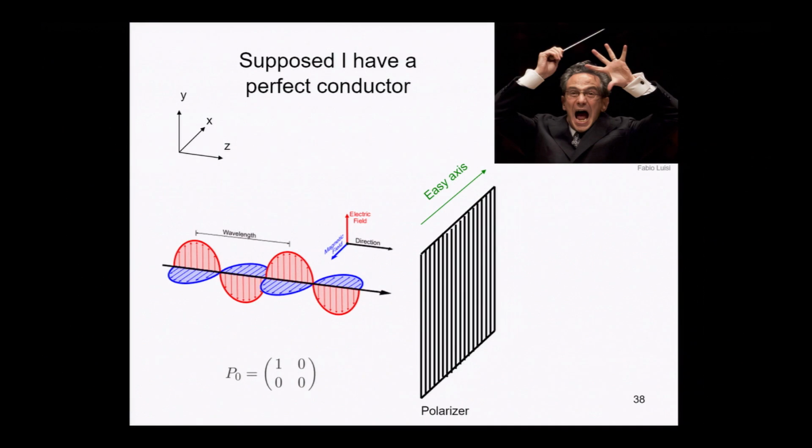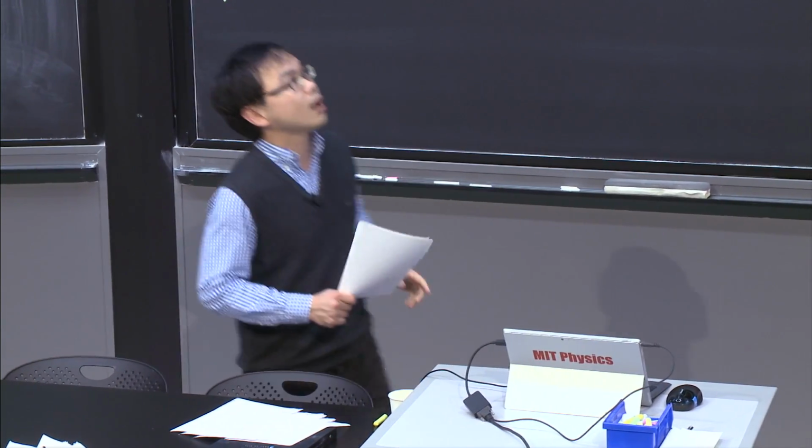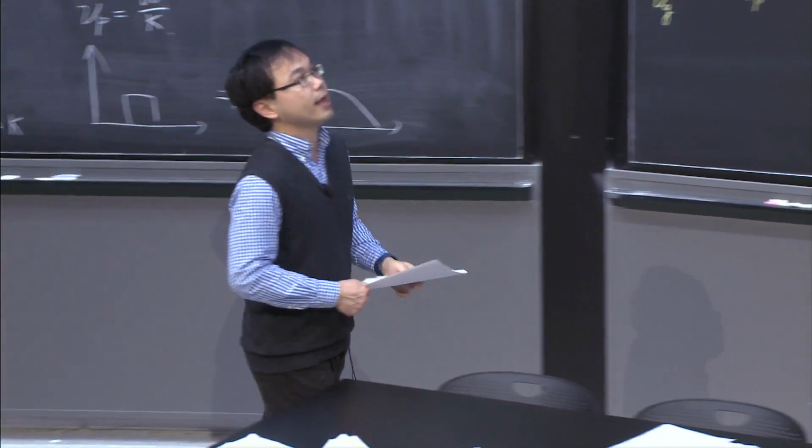Then we learned about how to do filtering, which is the polarizer. Suppose I have a perfect conductor here, where I have the easy axis, described by the green arrow there.